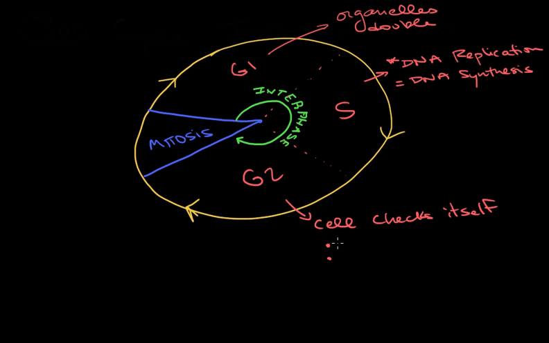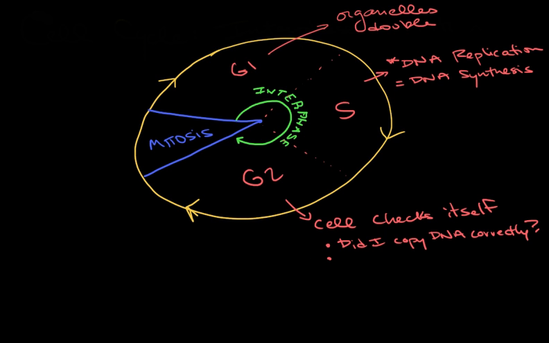So the cell checks itself. It asks itself, did I copy the DNA correctly? So in other words, it's proofreading, which we don't do so well, right?